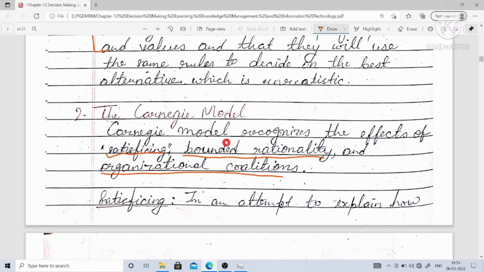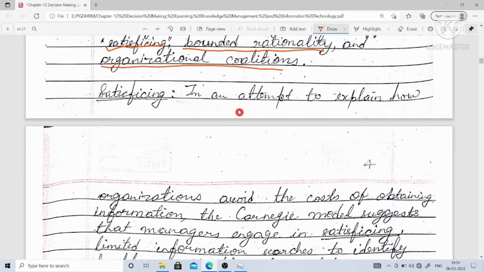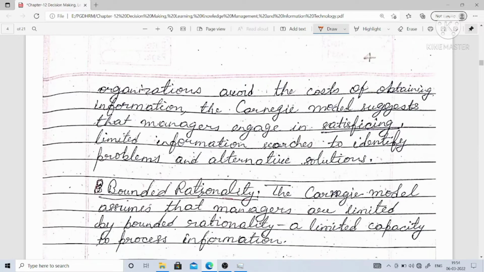The Carnegie model tells that there are effects of satisficing, bounded rationality and organizational coalitions on organizational decision making. So how do these things affect it? First, satisficing. In an attempt to explain how organizations avoid the cost of obtaining information, the Carnegie model suggests that managers engage in satisficing, limited information searching.